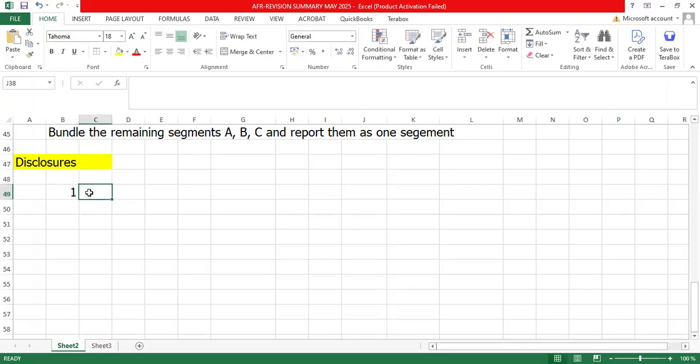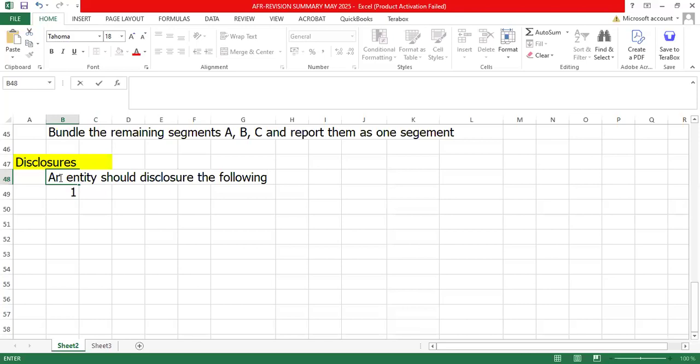You can say an entity should disclose the following, or you can say IFRS 8 requires an entity to disclose the following.